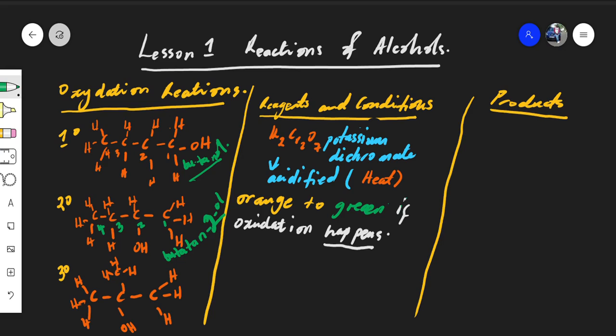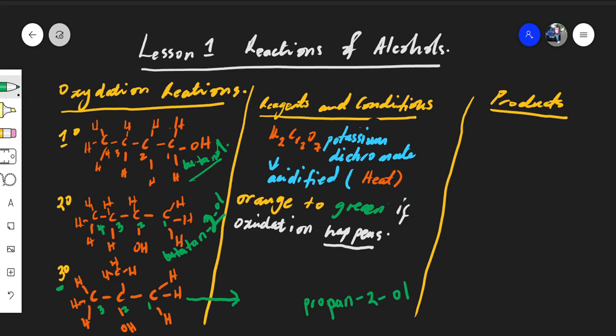And when we talk about the tertiary alcohol, this one, we've got a new value.